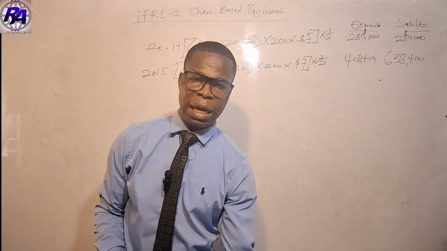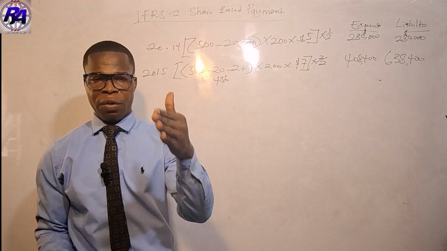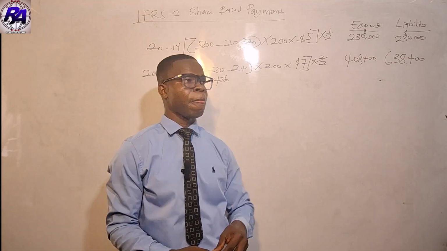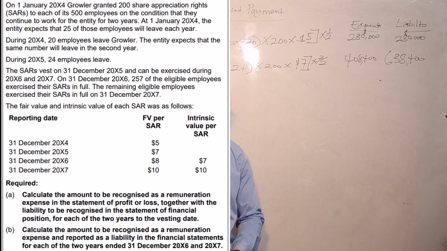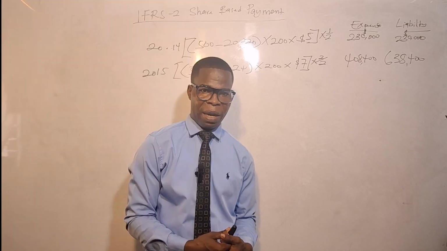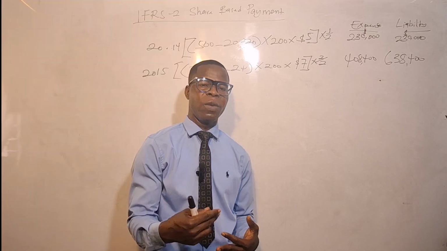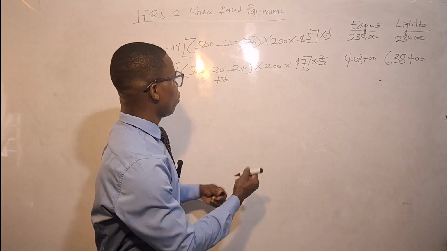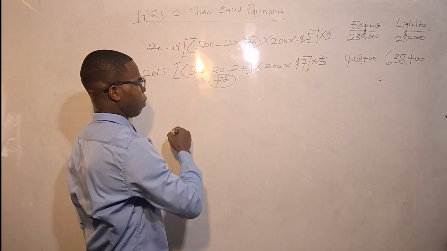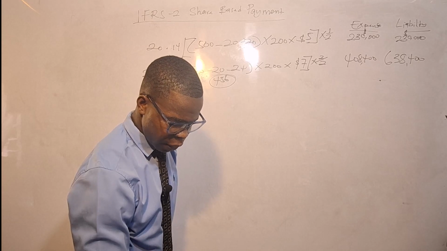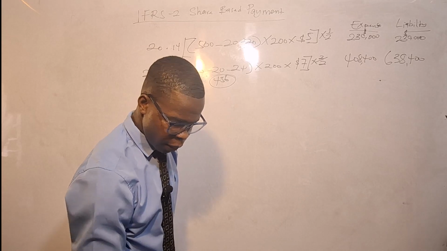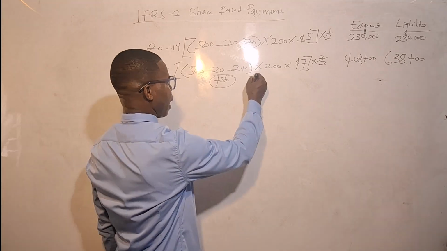Now you have to learn how to calculate for the exercise. They said in 2016, 257 employees are exercising their rights, and then in 2017 the rest. So you see now we only have 456 employees, so take note of that. If you take the 456 employees minus the 257, we are getting 199.